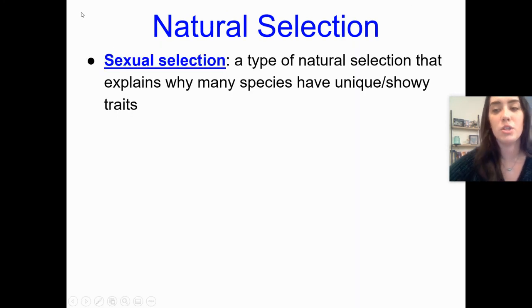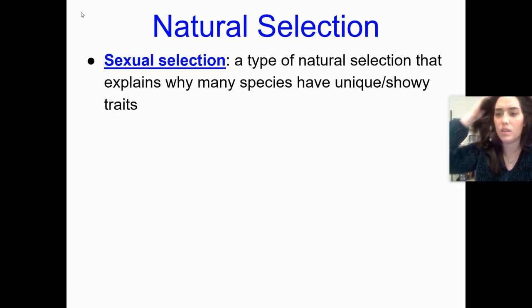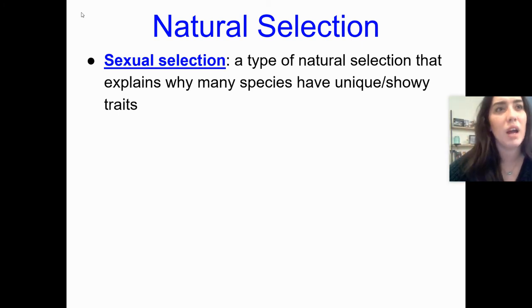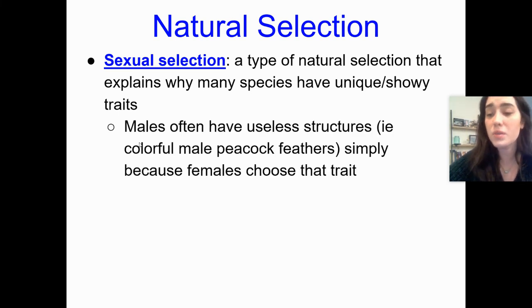All right. So sexual selection, I don't remember if we talked about this in class yet. I think I mentioned it, but sexual selection is a type of natural selection that explains why many species have unique or showy traits. These are not traits that help the animal survive better, per se. It's specifically phenotypes that are the most impressive to the females in that population. Males will often have useless structures.